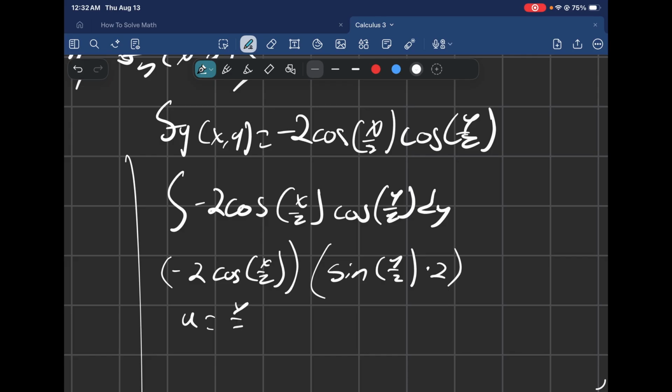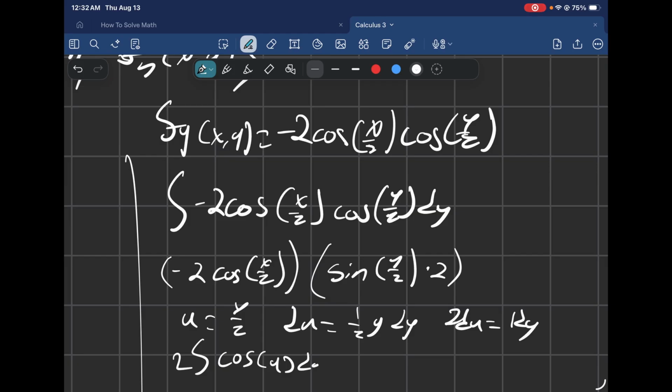If u is equal to y over 2, du is equal to 1/2 dy, which means that 2 du is equal to 1 dy, and the antiderivative of cos of u du is equal to 2 sine of u, and let's remember that u is just y over 2, plus c.